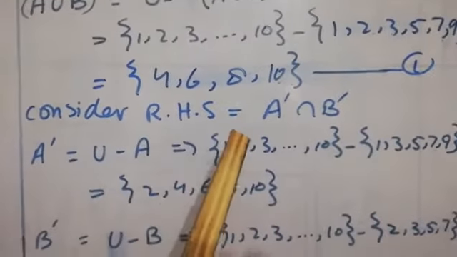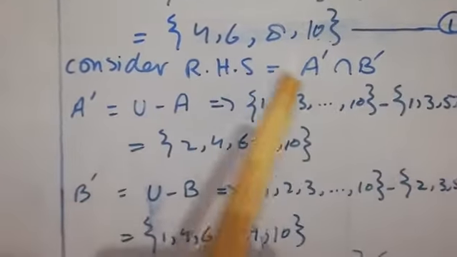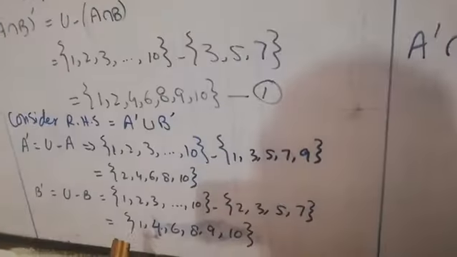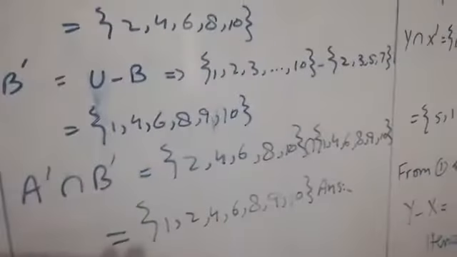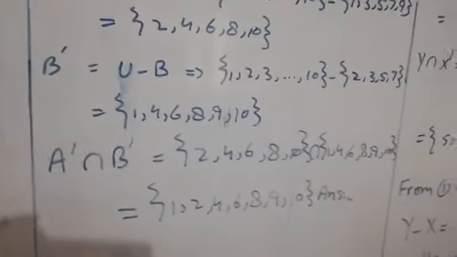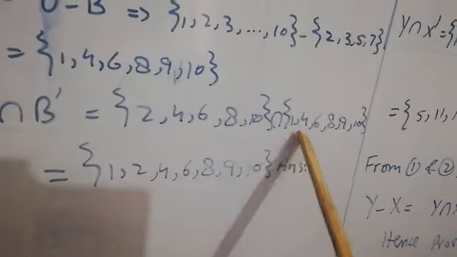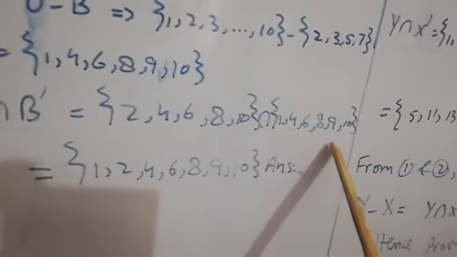So consider the right hand side, A complement intersection B complement. We will find A complement and B complement like this part, same as it is, and then at the end we will find A complement intersection B complement. So we write A complement, which is 2, 4, 6, 8, 10, and B complement, 1, 4, 6, 8, 9 and 10.